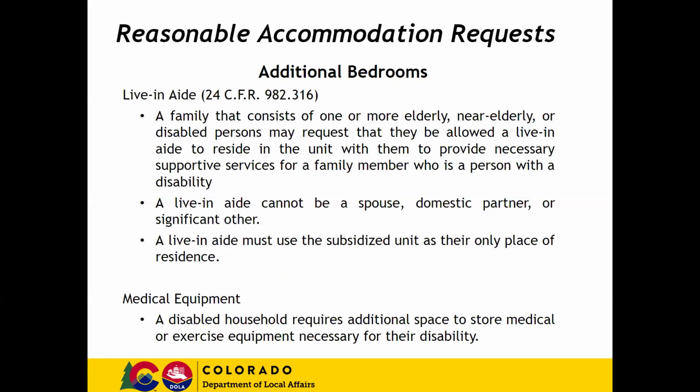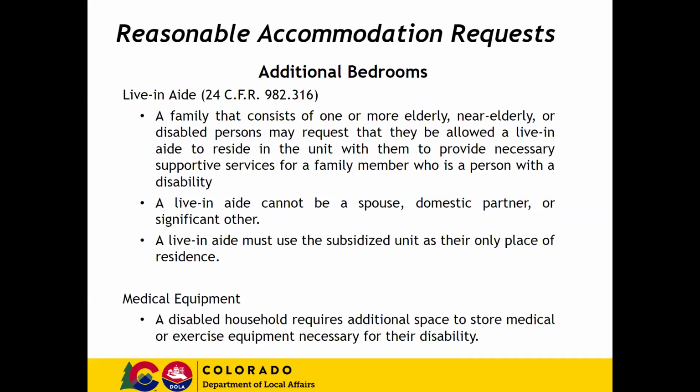So let's dig into what these common requests that we often see look like. Additional bedrooms can come in a couple different forms. Most frequently, it's with the addition of a live-in aide.